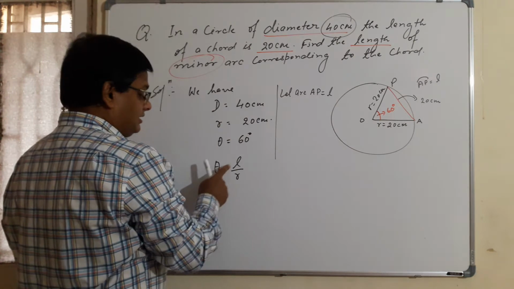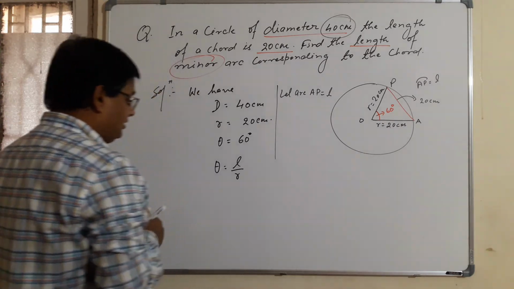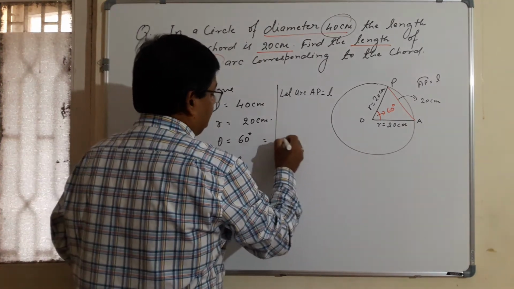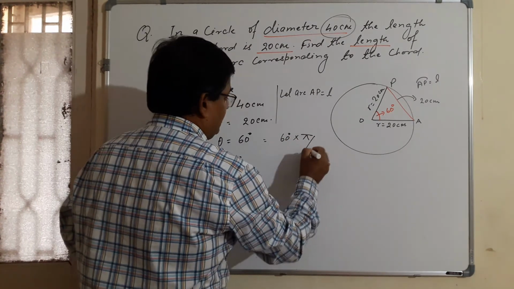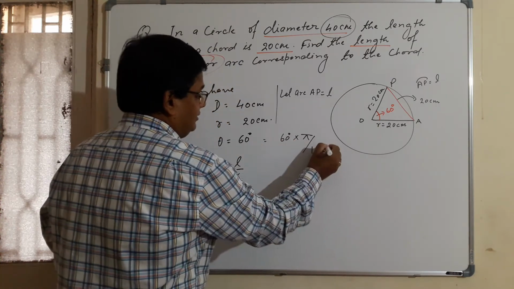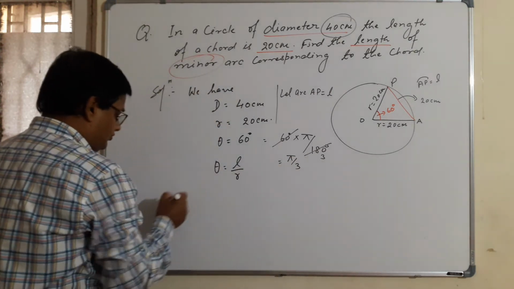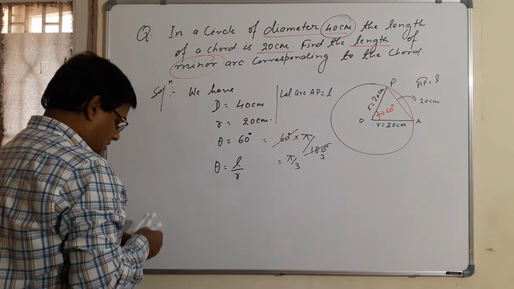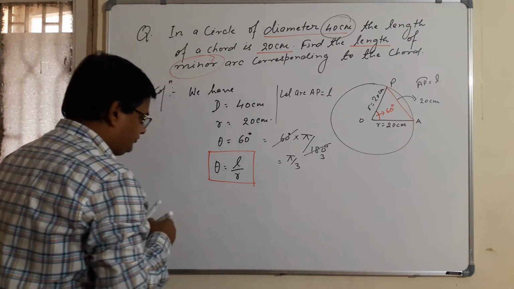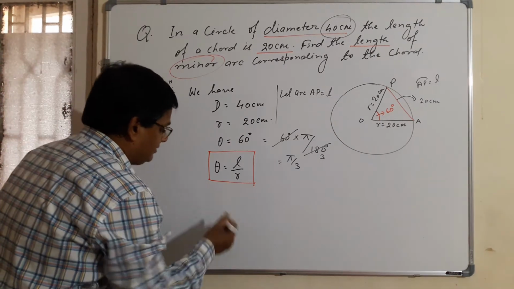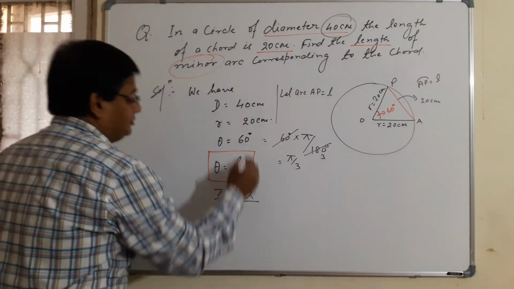So theta is equal to L by R. Here theta should be in radian form, so convert into radian form. Theta becomes 60 degree into pi by 180 degree. So 3 times 60 is 180, it means pi by 3. Now use this formula, theta is equal to L by R. Theta is pi by 3, R is your 20.